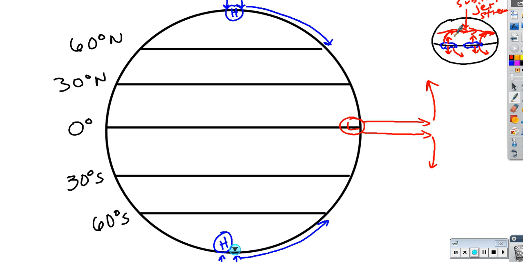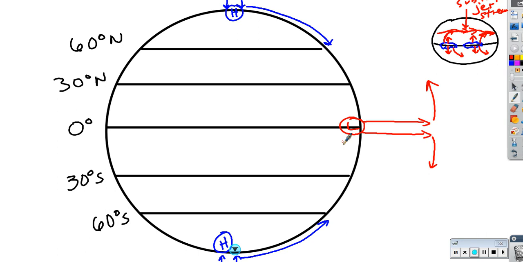Because the Earth bulges out at the equator, it's wider at the equator than it is at 30 degrees north. Then from what the air feels, it's very similar to what an ice skater would feel when they bring their arms in.